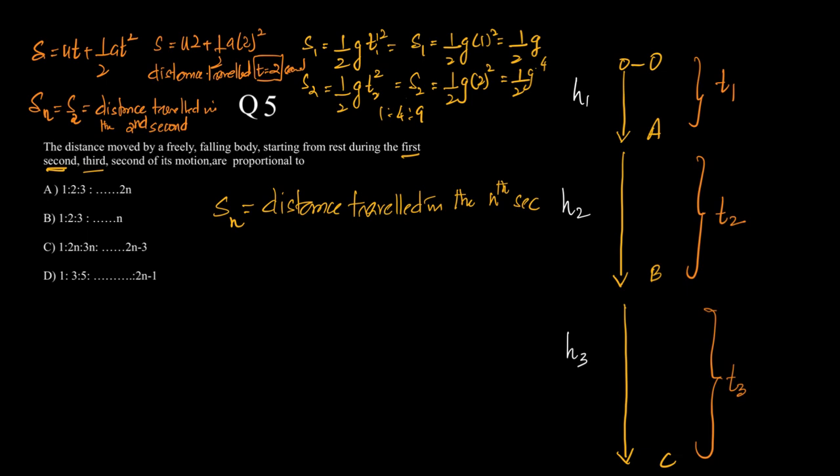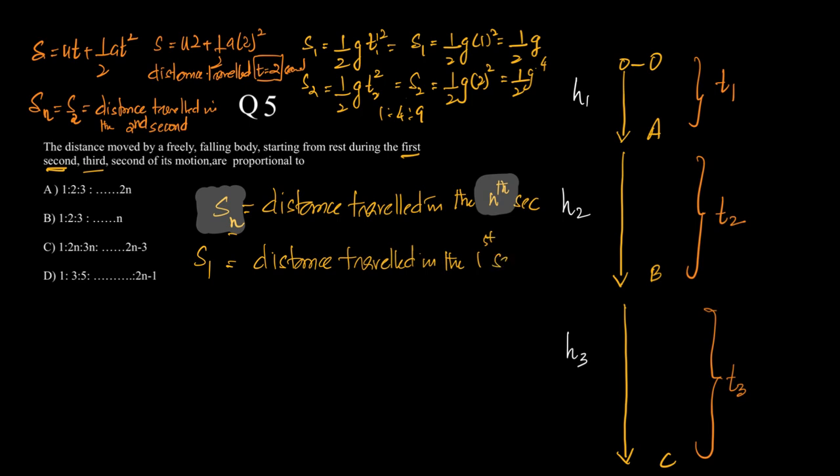Let me highlight this. So Sn is the distance traveled in the nth second. In which case, what is S1? S1 is the distance traveled in, instead of n, what do we have? The first second. So we'll write it as first second. Let me highlight this portion also.